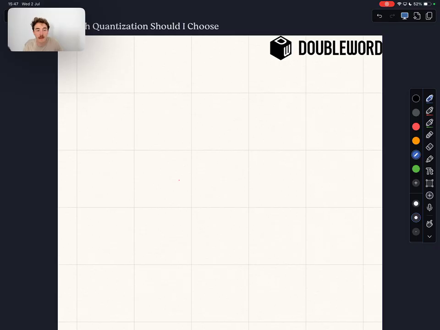So if you're familiar at all with the open source self-hosted LLM landscape, you would have seen all sorts of quantization types come up at some point, whether you realized that that's what they were or not.